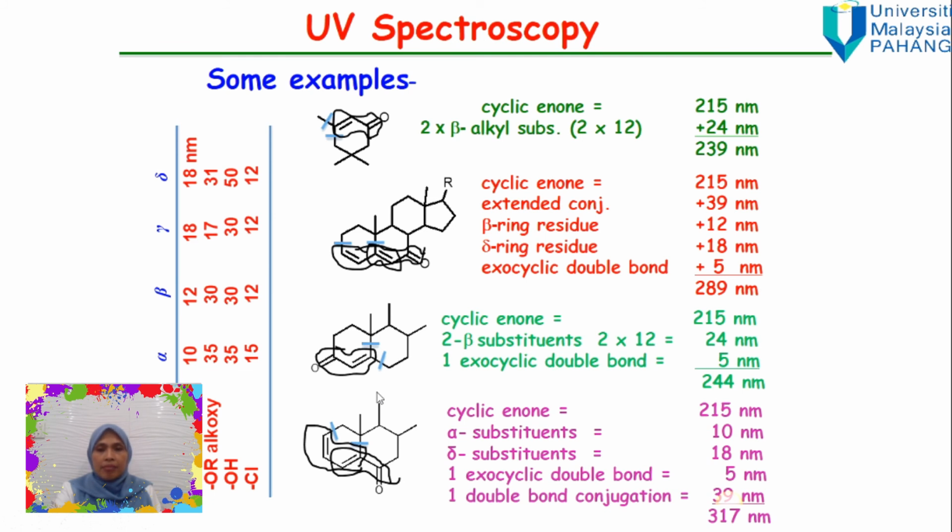And next example: make a diene for this ketone and then see where the cross section is and see whether there is presence of isocyclic or extra conjugation or not. If no, only isocyclic presents 1 here, so the total is 244. For this structure, same. See from the ketone, 1 basic enone 215, and then next extra conjugation.